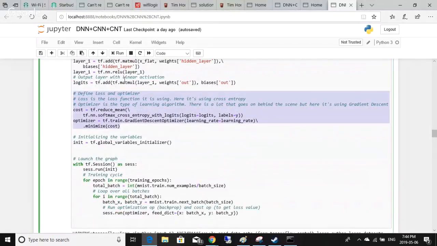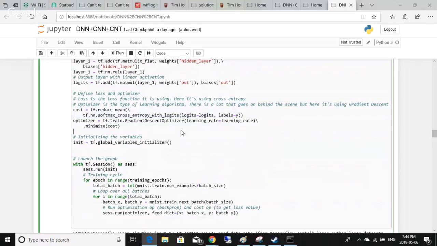Here we define loss and optimization. The learning algorithm is stochastic gradient descent. And the cost is calculated by reducing the mean of the loss.